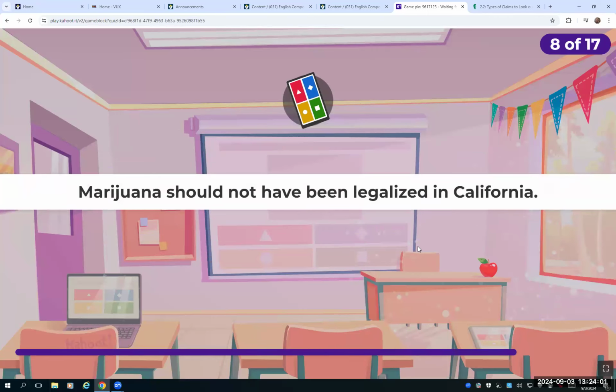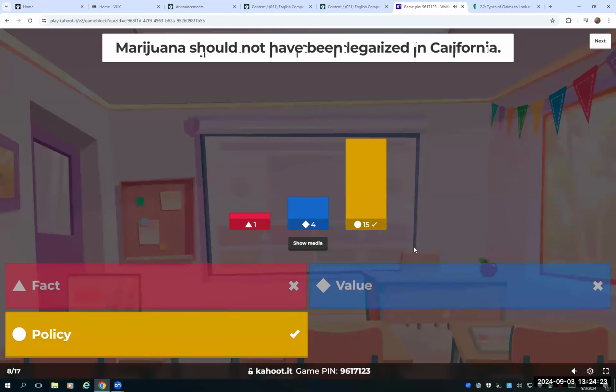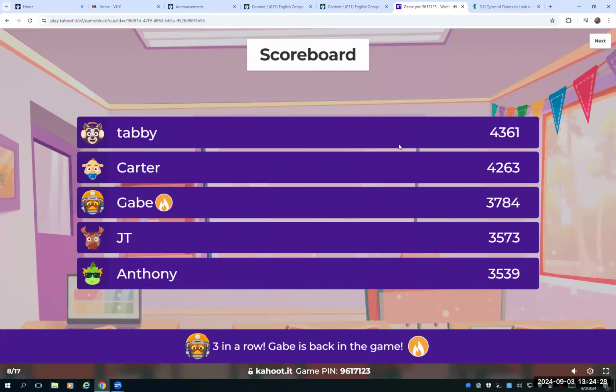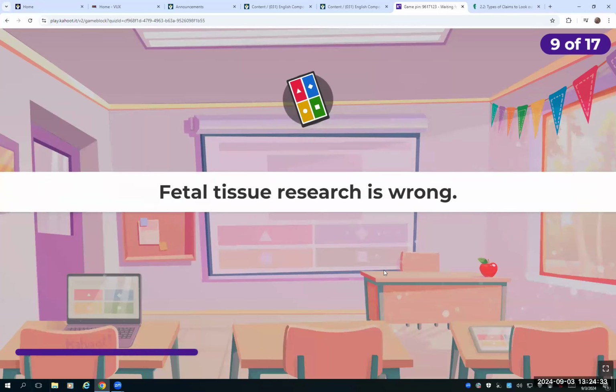All right, next. Marijuana should not have been legalized in California. Claim of policy. Very good. Got that should in there again. Okay, next.